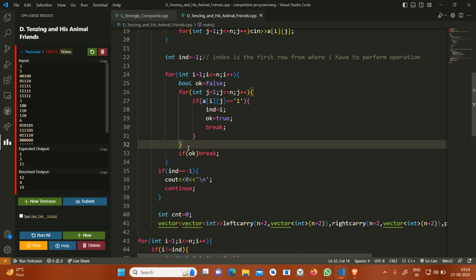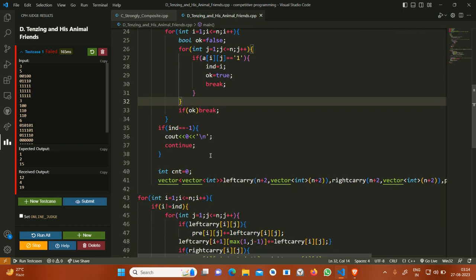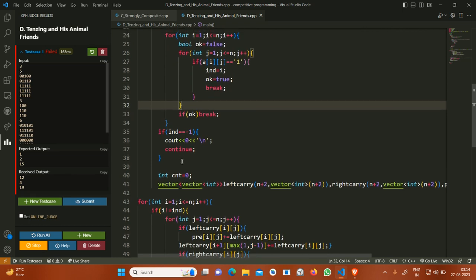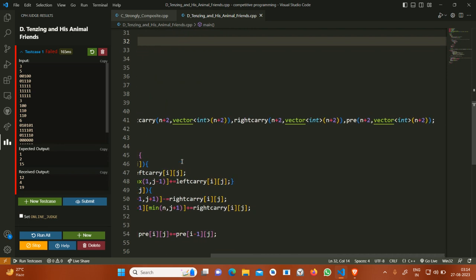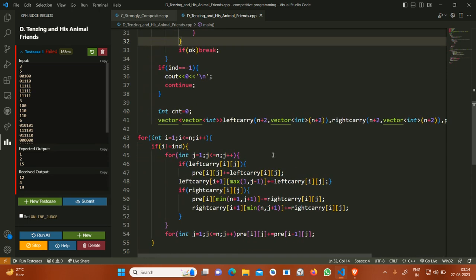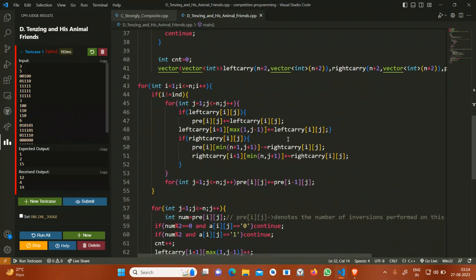Okay, then index equals minus 1, then count equals 0. I have taken left carry, then prefix. It is okay till now. Then i equals 1, i less than or equal to n, i plus plus, i is not equal to index, then I would perform this operation. If left carry i j, then prefix plus equals to carry.